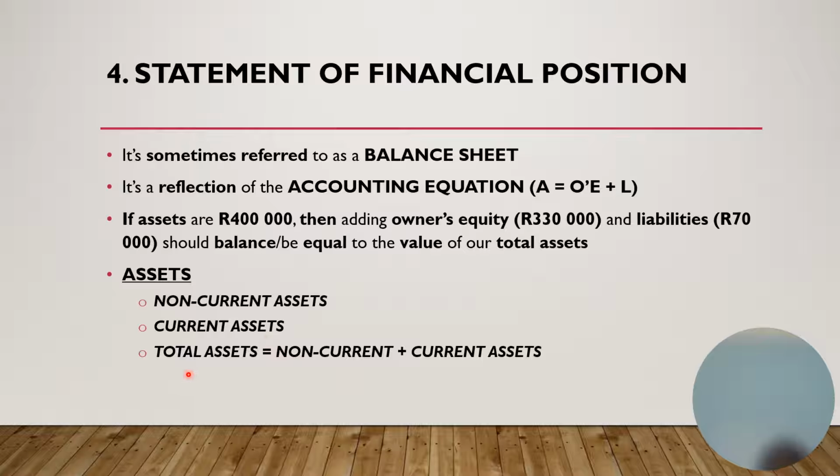So what is your total assets? You get it when you take your non-current assets, you add your current assets, and then you get your total assets. Okay, let's go to the next item, which is owner's equity or liabilities, whichever comes first.